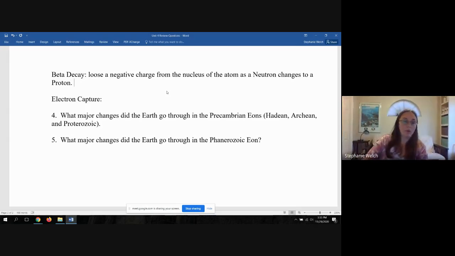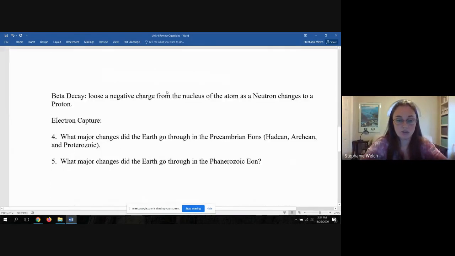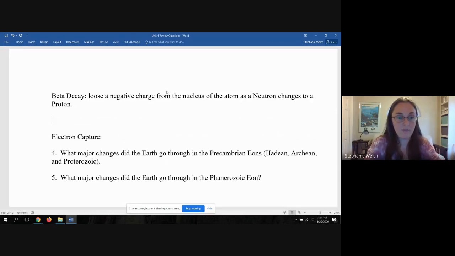So the actual result to the nucleus of the atom is that the atomic mass does not change because you still have the same total amount of neutrons and protons together. But because you've taken the neutron and changed it into a proton, you have one more proton. So the atomic number will increase by 1.